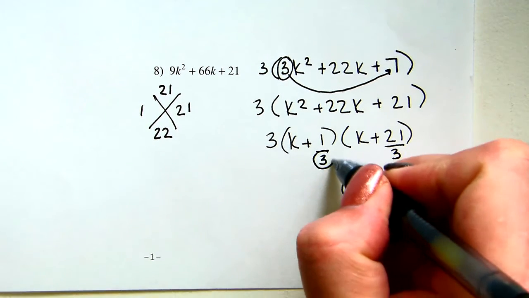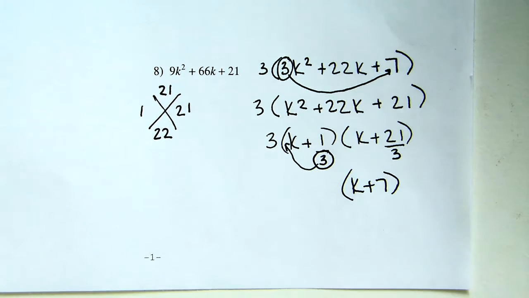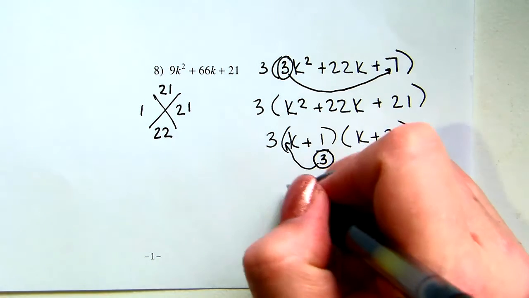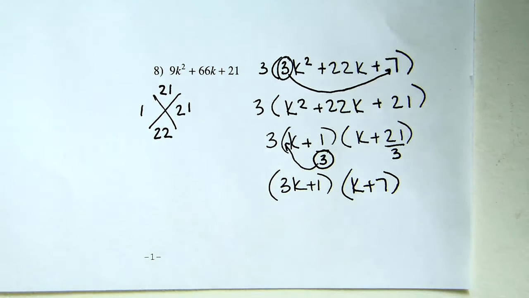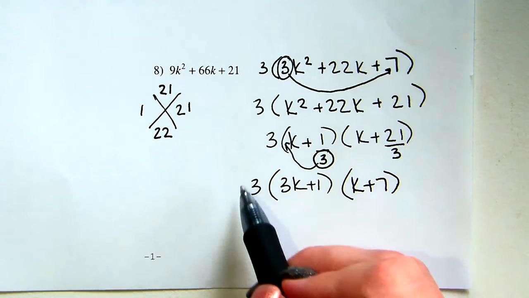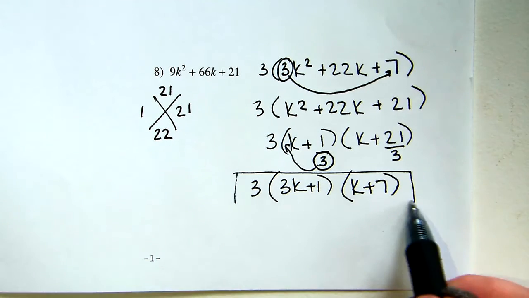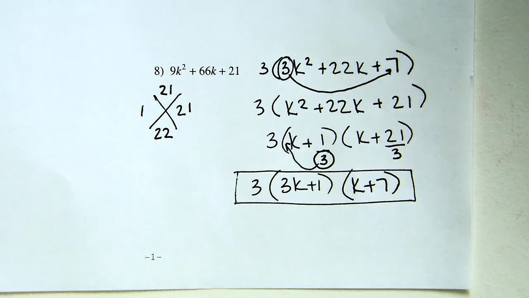So I'm going to take the 3 here, and I'm going to slide it in front. So I now have 3k plus 1 in parentheses, and I have the 3 as well. This 3 parentheses, 3k plus 1, parentheses k plus 7, will be our final answer.